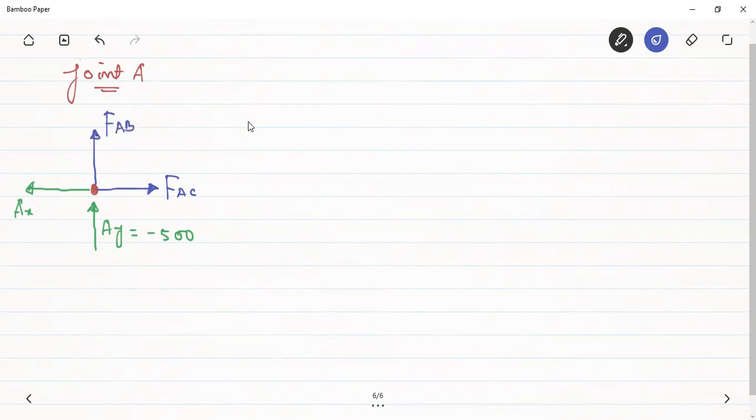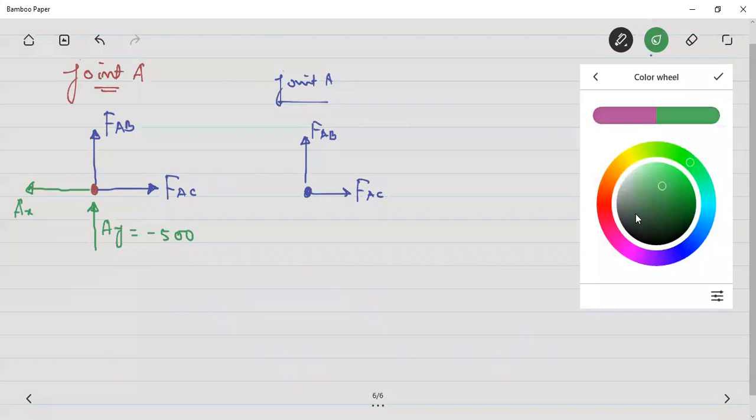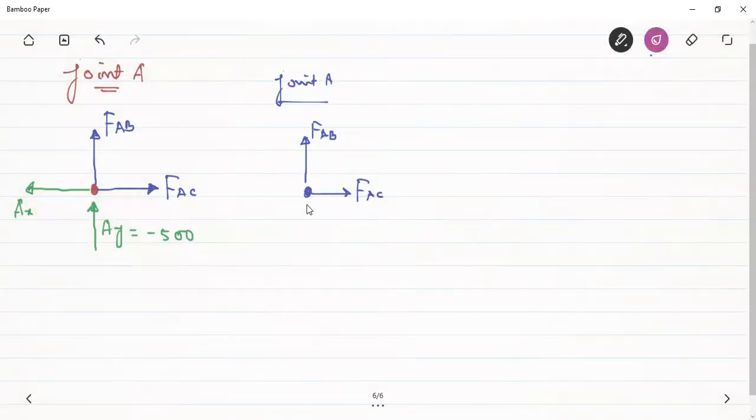Now, another way to represent joint A: if this is the joint A, this is FAC, this is FAB. Here I could have assumed the correct direction, because AY is actually in the vertical downward direction.